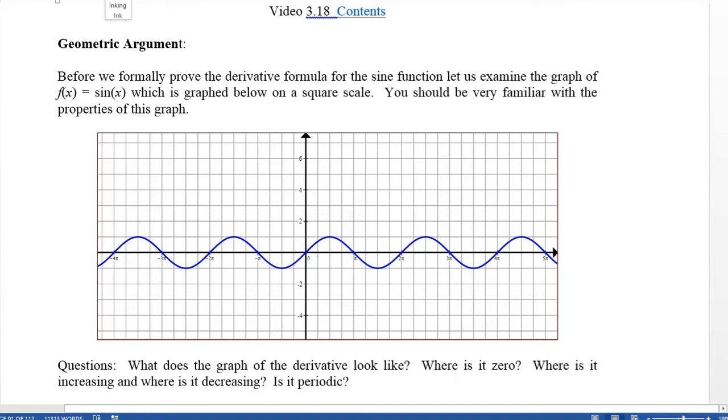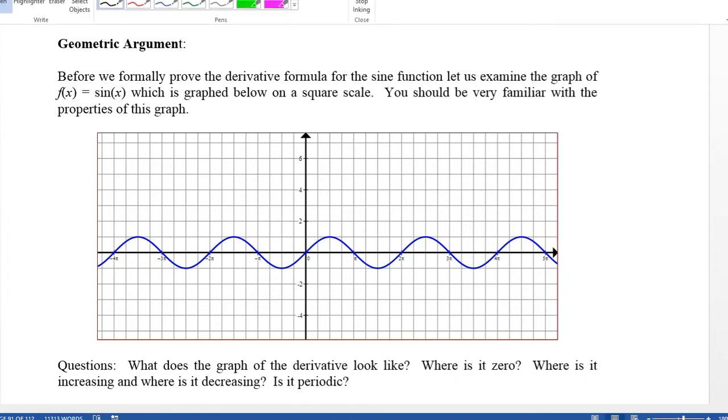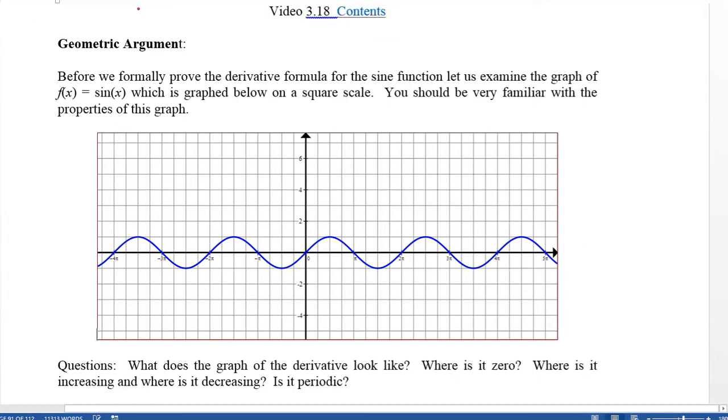Let's see if we can figure out some things about where the derivative would be. First of all, where is the derivative equal to 0? Any place that the original function has a horizontal tangent line, like at a maximum or minimum, the derivative would be 0.